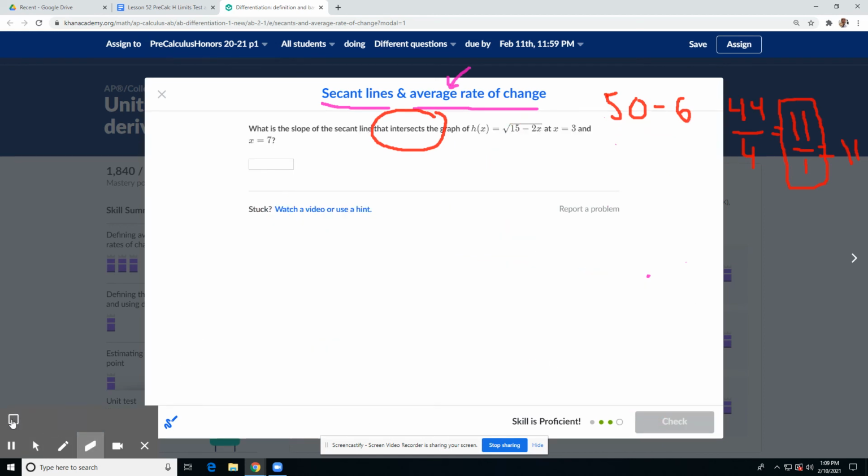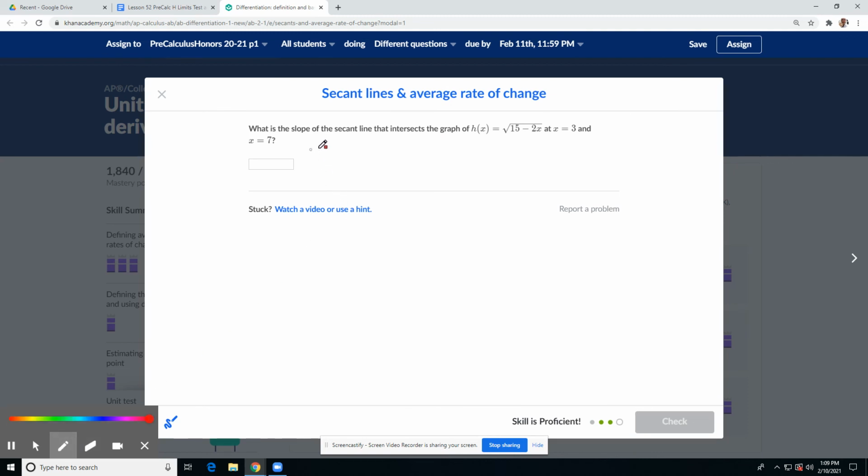Let's clear so I can see it better. Find the slope of the secant line that intersects the graph of this function at x equals 3 and x equals 7. I'd call this x1 and this x2, and then you plug them in to find the y1 value, just like we did before.